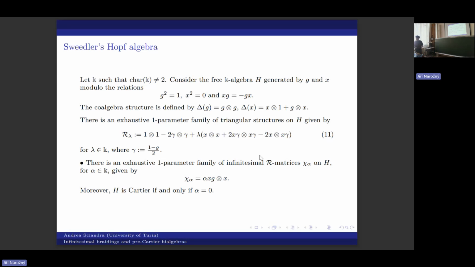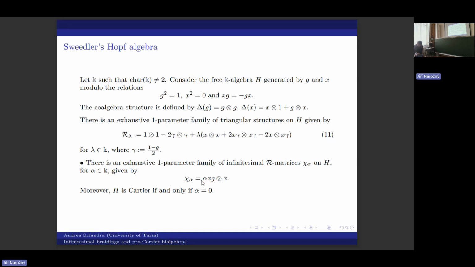In fact, they are all triangular, so they are not just quasi, but also triangular, so the inverse of R is R op. And for this, we also classify the pre-Cartier structures. We have an exhaustive one-parameter family of infinitesimal R matrices given by this, so it is just XG tensor X with the scalar alpha.